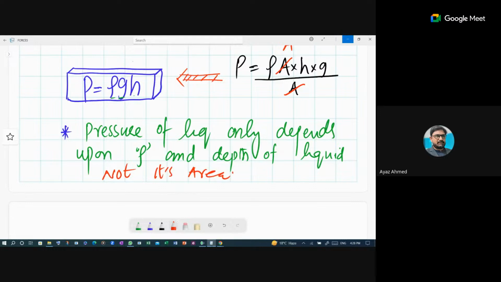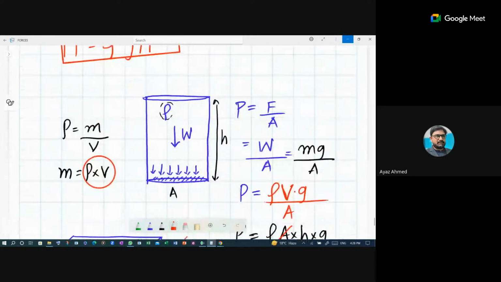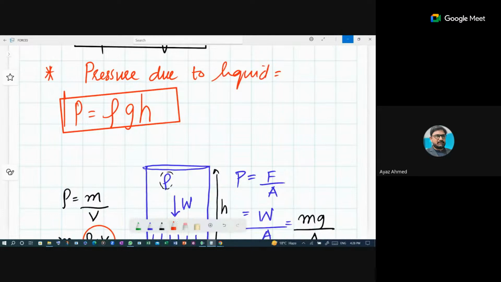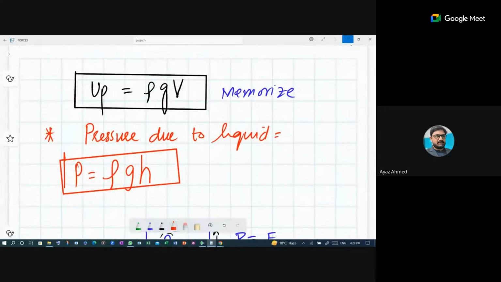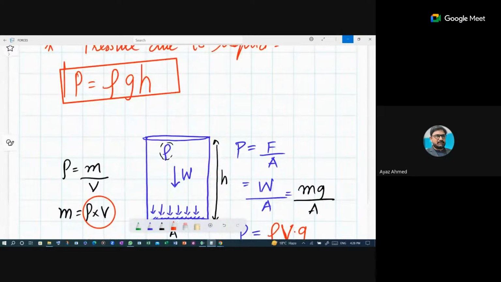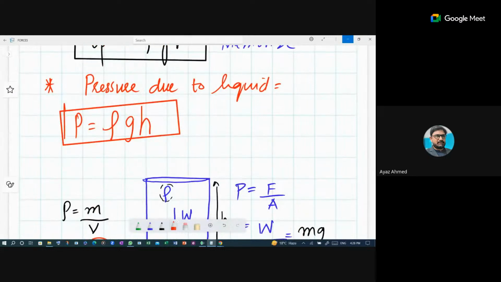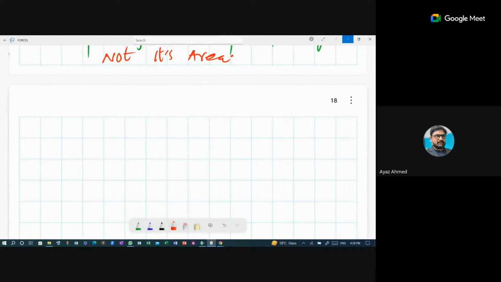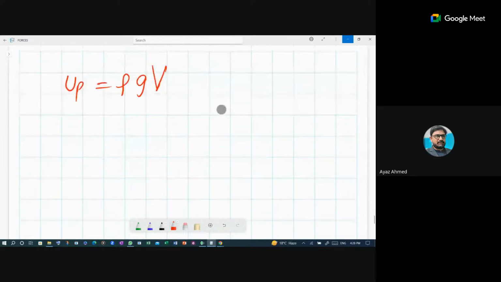Remember this. This was a linked topic with upthrust, that's why I discussed it. Now, the variables involved in upthrust: upthrust is equal to rho g V. What is rho? The density of the liquid. What is g? Gravitational acceleration. And V is the volume of the object immersed inside the liquid.